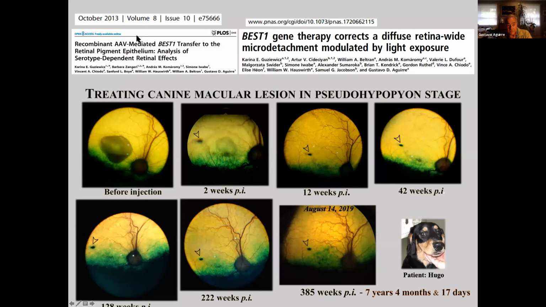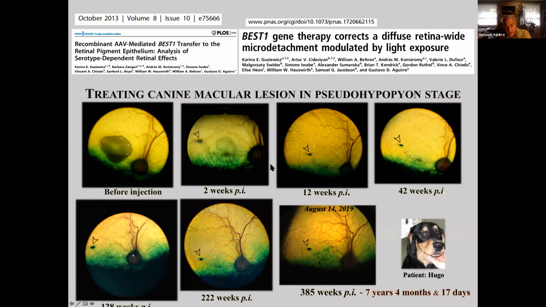So we first developed vectors, testing in the normal dogs about 6-7 years ago, identified vectors that were effective and also vectors that cause damage to the retina, and then went on to treat dogs with this disease. Here's one, a dog with a large pseudohypopyon, treated. Here's the area where you insert the cannula in the subretinal space, a little focal scar.